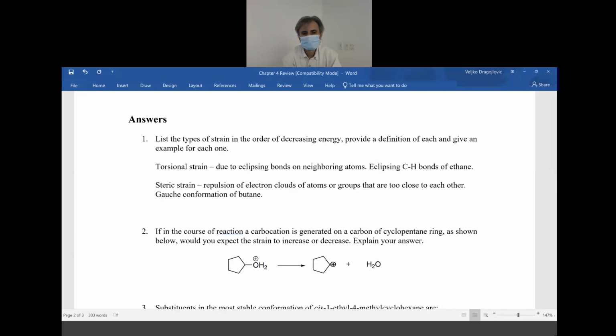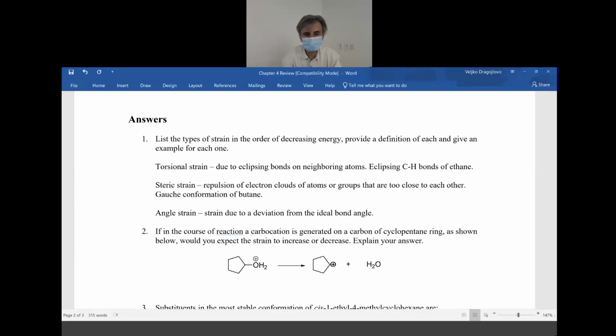And then the third type of strain, which is lowest in energy, is angle strain. This is strain that is due to deviation from the ideal bond angle. So that's the lowest energy.